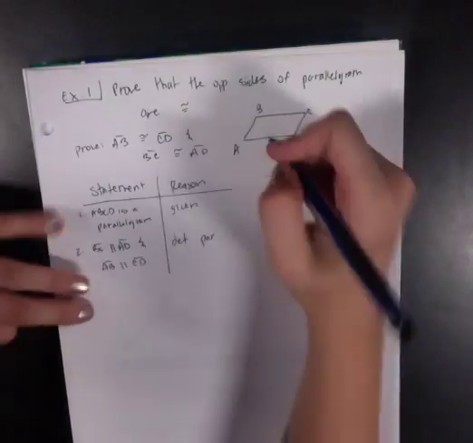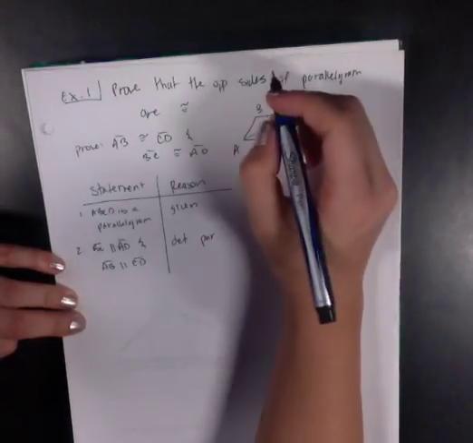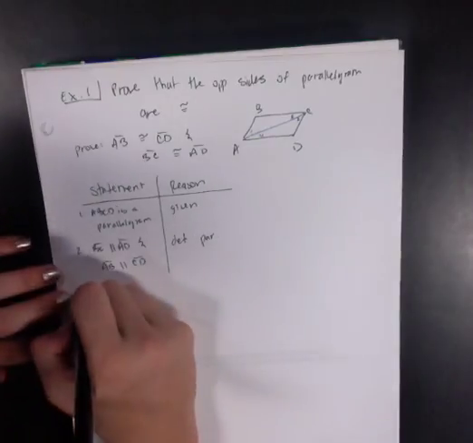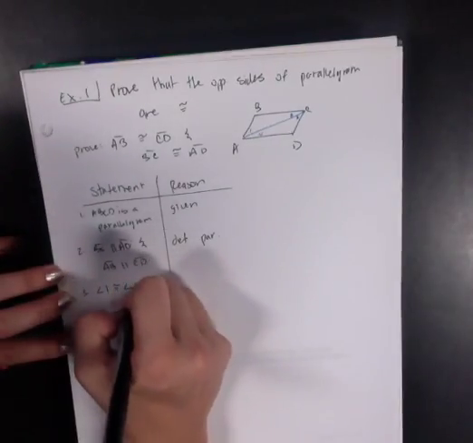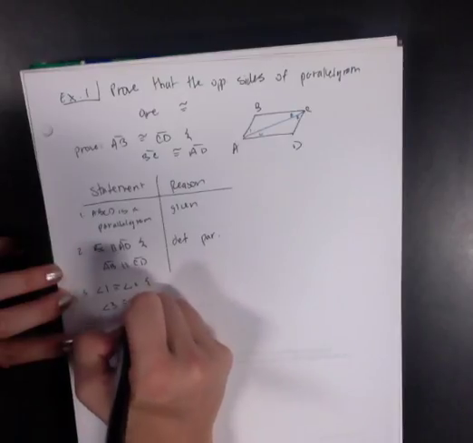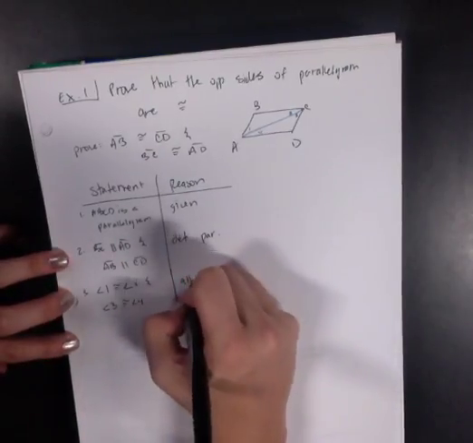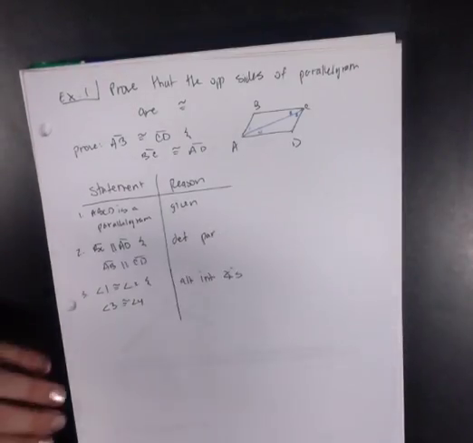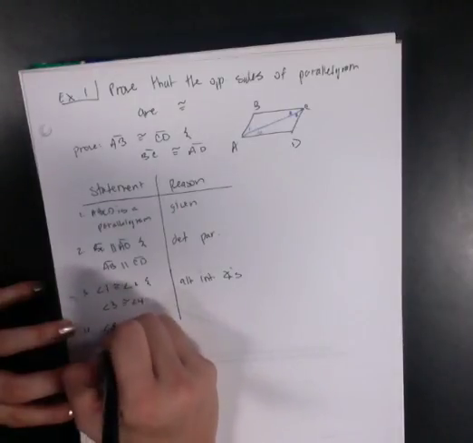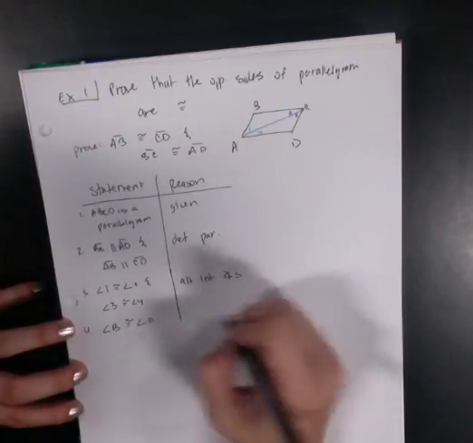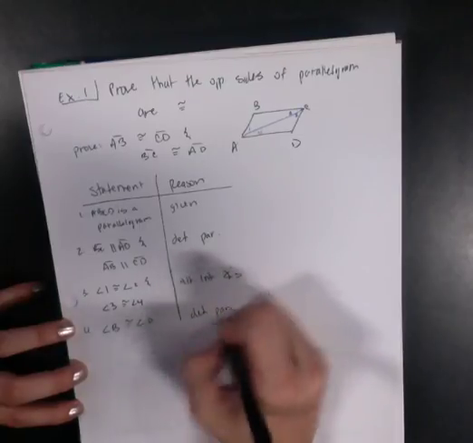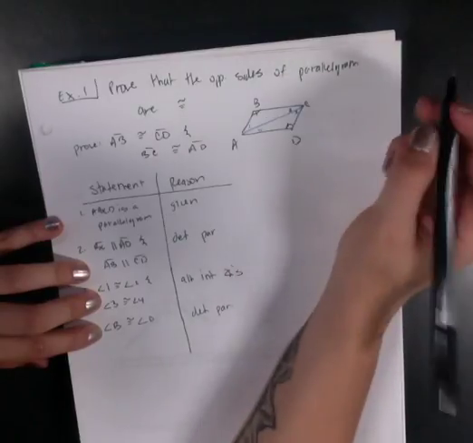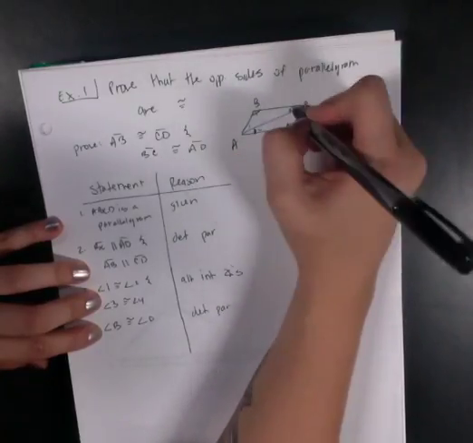Now I'm going to draw a diagonal here. I'm going to label this as angles 1, 2, 3, and 4, just for easy reference. And I can say that angle 1 is congruent to angle 2, and angle 3 is congruent to angle 4, because they are alternate interior angles. We remember that those are always going to come back. We know that angle B is congruent to angle D, definition of parallelogram, right? They're opposite. So let me start to label. These are congruent. I know that these are congruent.